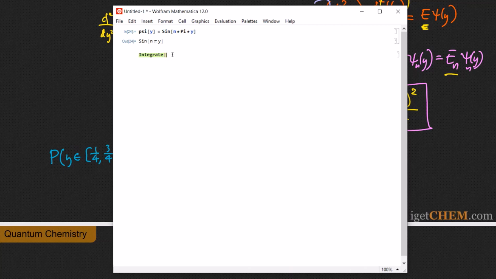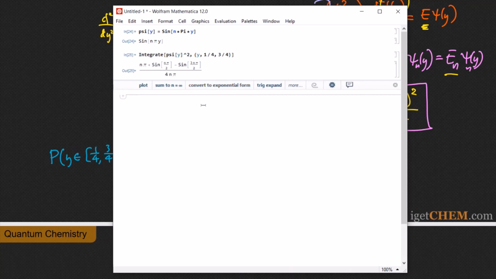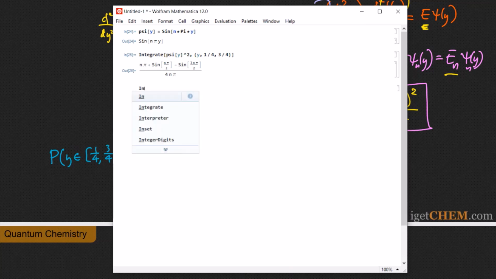So I'm just going to essentially integrate psi of y squared from y equals 1/4 to 3/4. Okay, so you see that's basically the solution right there. I'm going to integrate the same over the entire range, just to show you what the normalization is supposed to be.